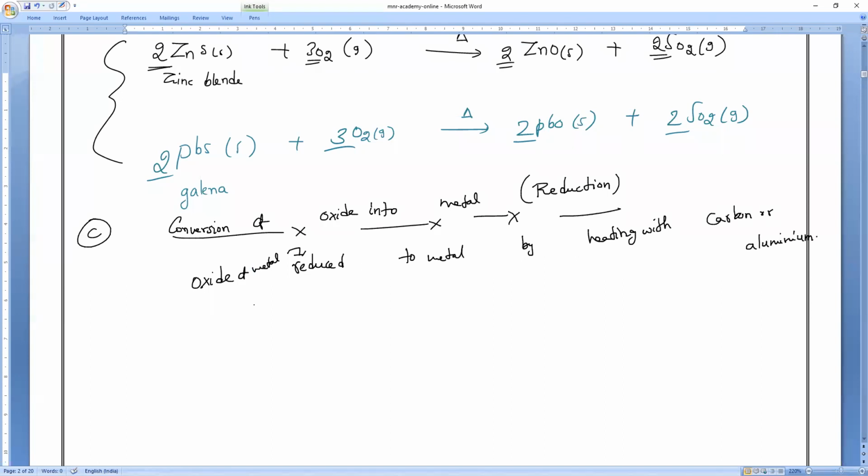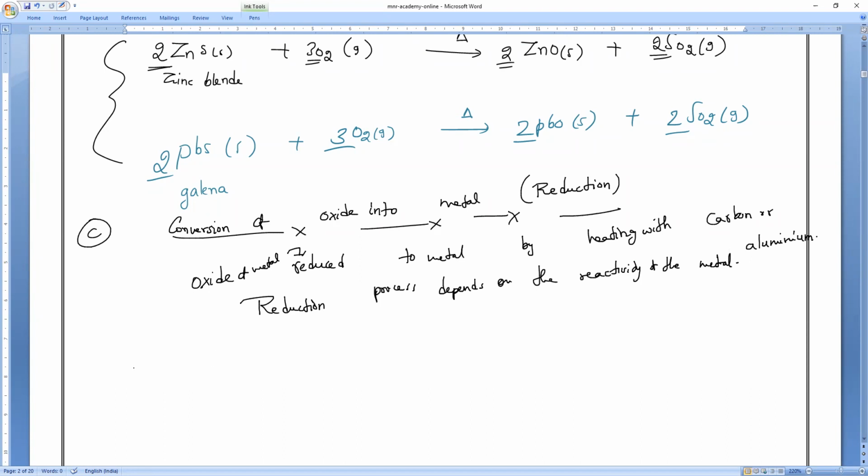And what does it depend on? The reduction process depends on the reactivity of the metal. That's all it is.